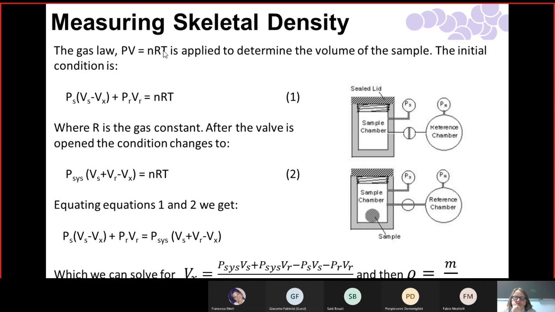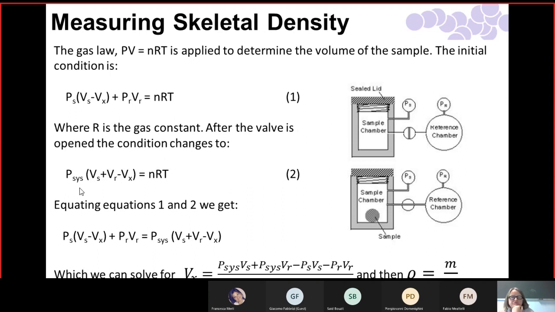And so initially we have the pressure in the sample chamber times the volume, which is the volume of the sample chamber minus this unknown volume, plus the pressure in the reference chamber times the volume in the reference chamber.